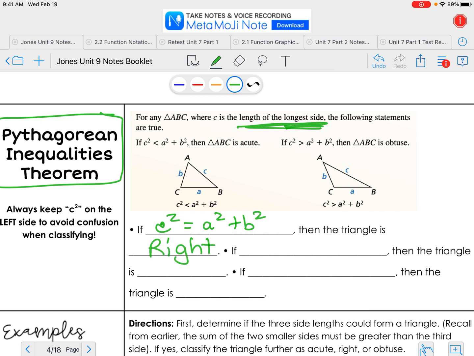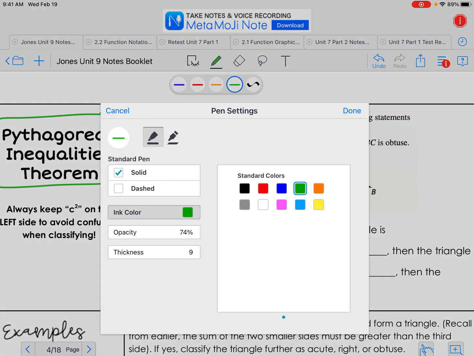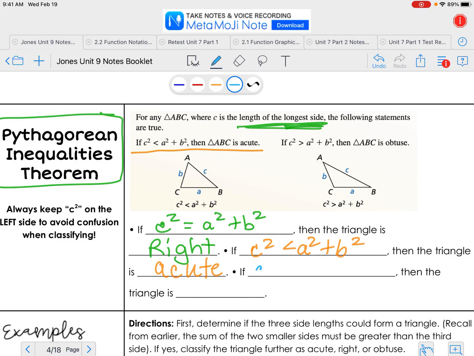The new information we have is that if c squared is less than a squared plus b squared, then the triangle is acute. And if c squared is greater than a squared plus b squared, then the triangle is obtuse. So it's a way you can classify without knowing the angles.